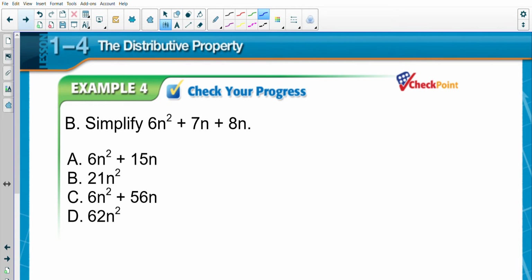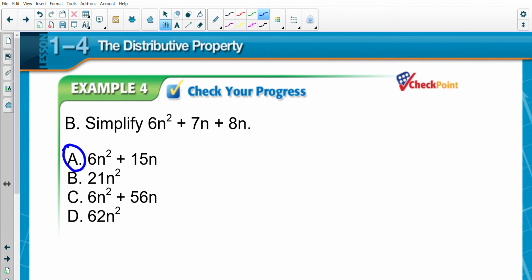A little more difficult. A, B, C, or D? Simple.